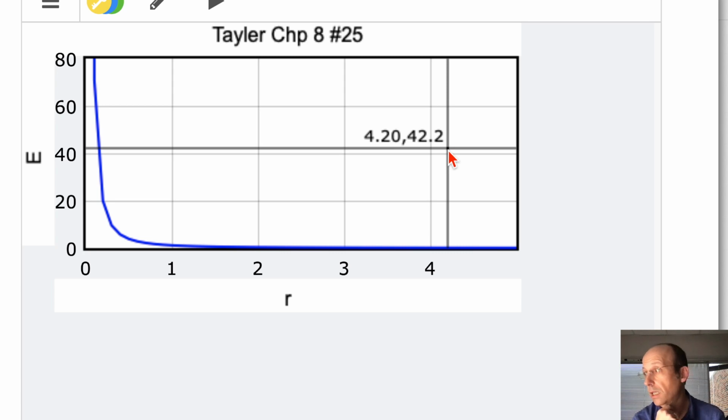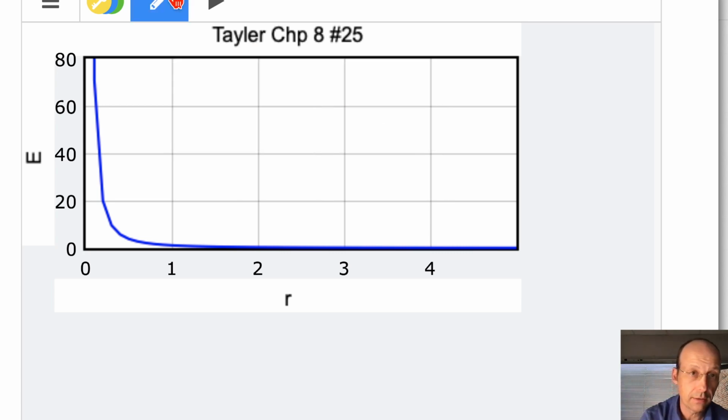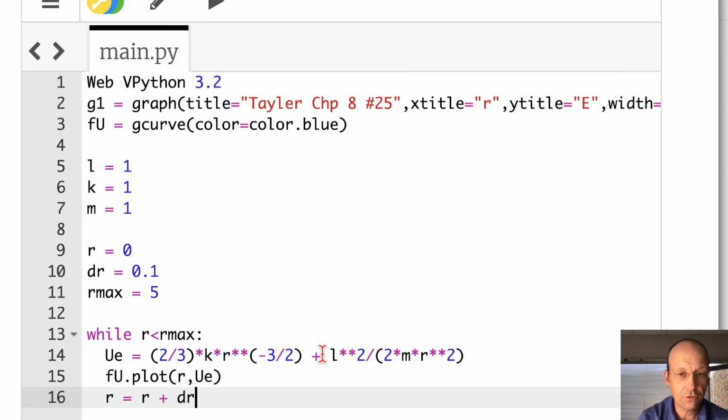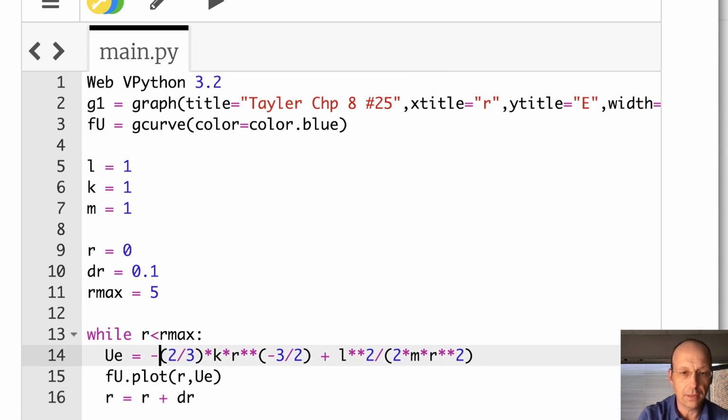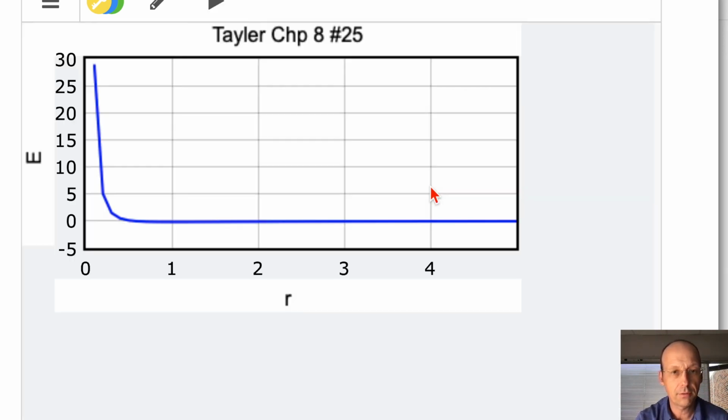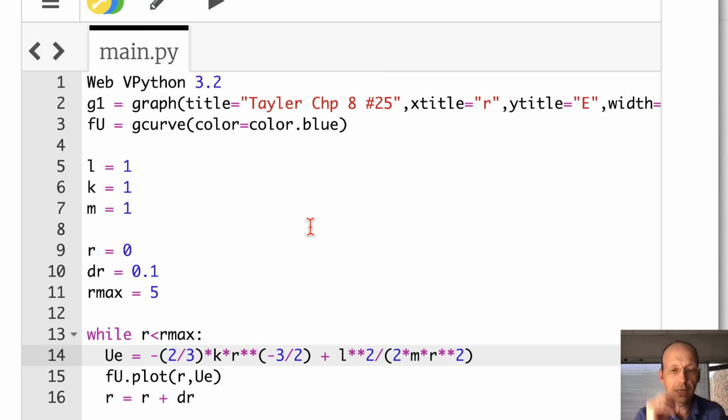Okay, so that is not right. Let's see if this should be minus. I was right. Is that minus? No. Why is that not right? The effective potential is L squared over 2 mu R squared.